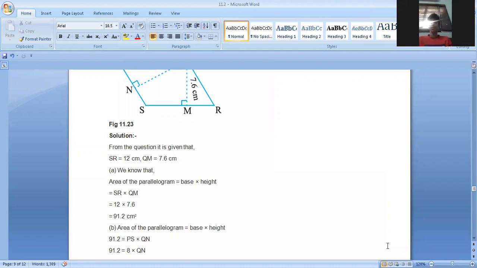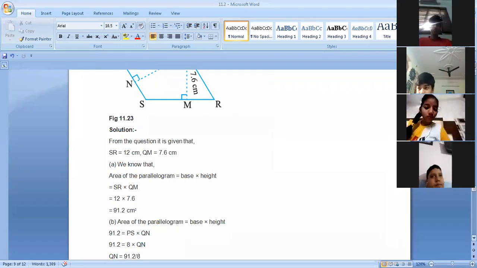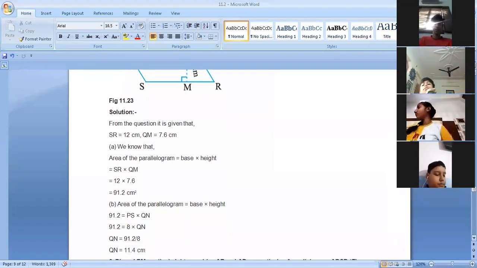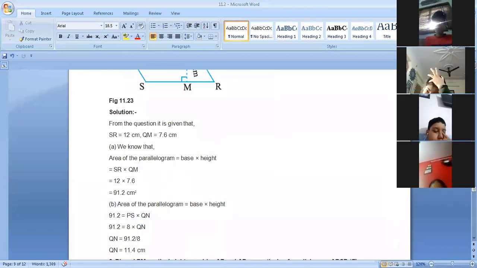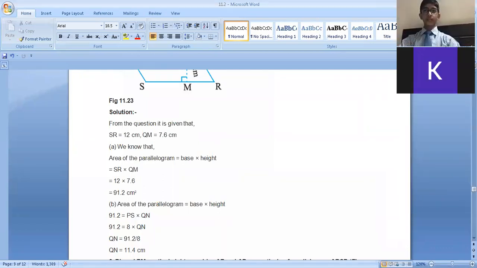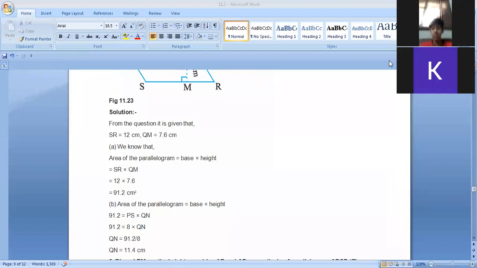Naitik, Lakshya Chandra, Kanishka, why is your camera off, beta? Open it. 11.4 centimeter is the correct answer. Yashika, Avika, right answer. Atharv, Kanishka, Yugesh, open your camera beta. I am removing you from the class. You are not opening your camera.